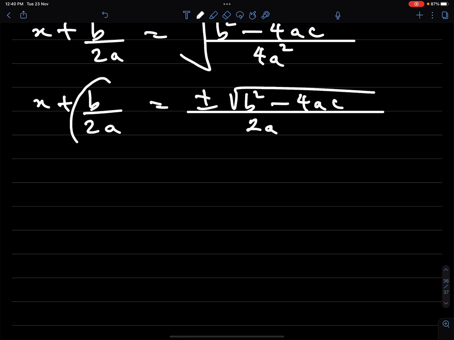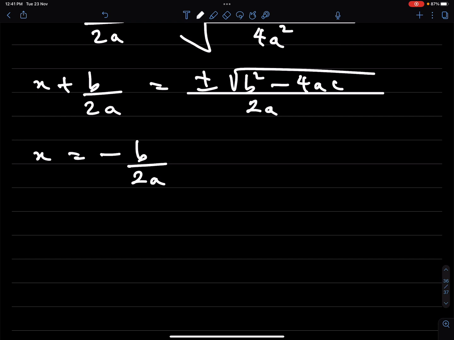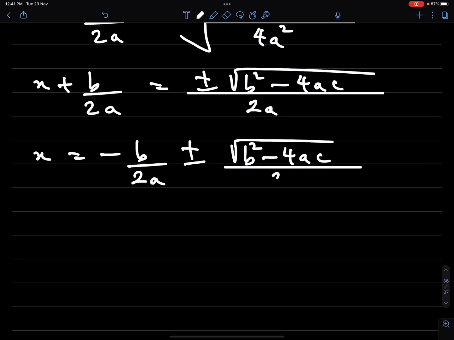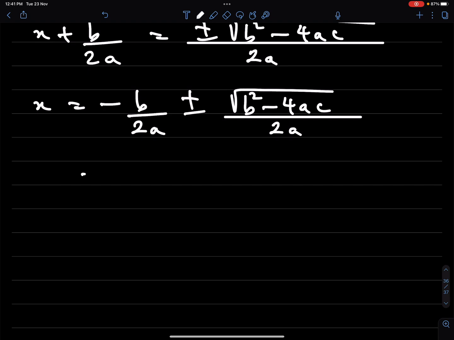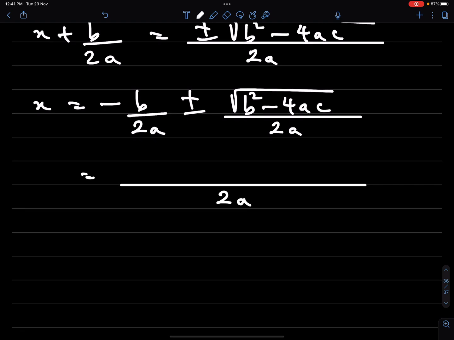Now I want to move b over 2a to the right hand side, and that means x equals minus b over 2a. When plus b over 2a gets to the right hand side, it becomes minus b over 2a, plus or minus root b squared minus 4ac over 2a. Now the LCM of the denominators is 2a.